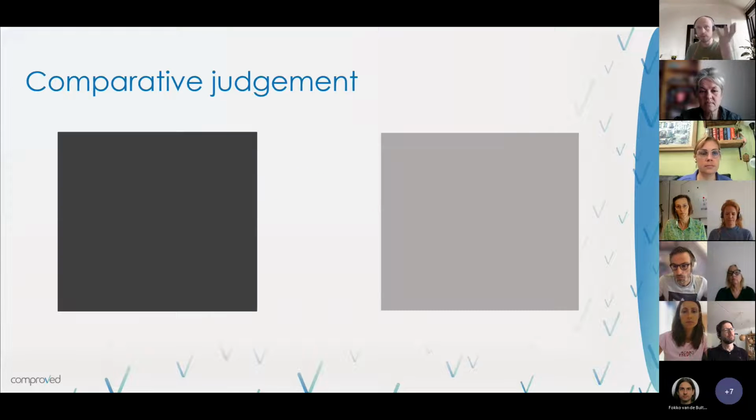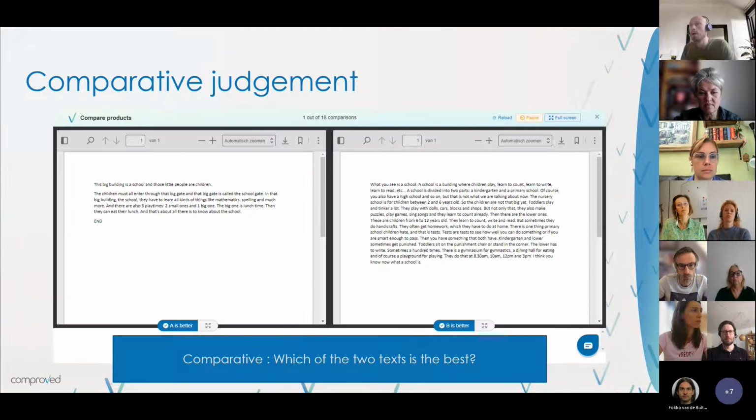Instead of presenting you one square, we present two squares next to each other, and we change the question, not how dark is it, but which of the two is the darkest. I think now everyone will state, okay, this is the one on the left-hand side, and this is very easy to do. And this principle we transfer to students' work.